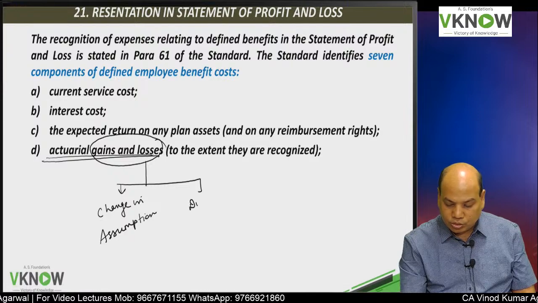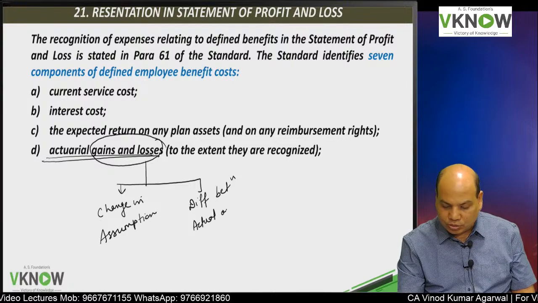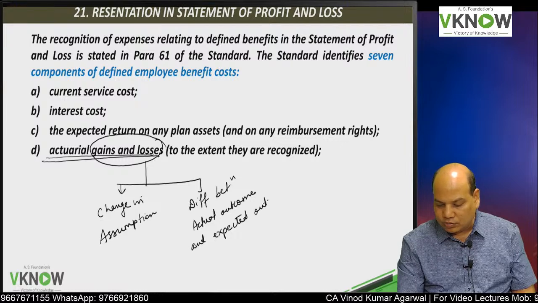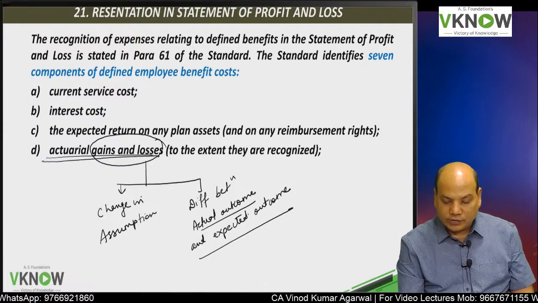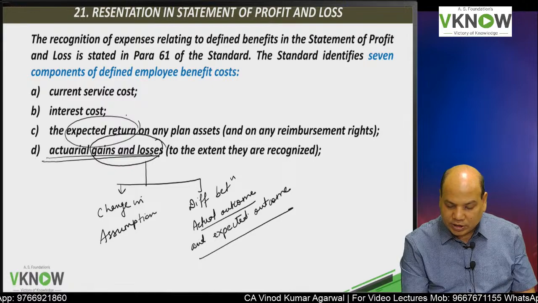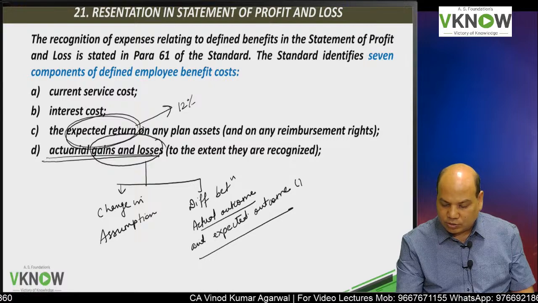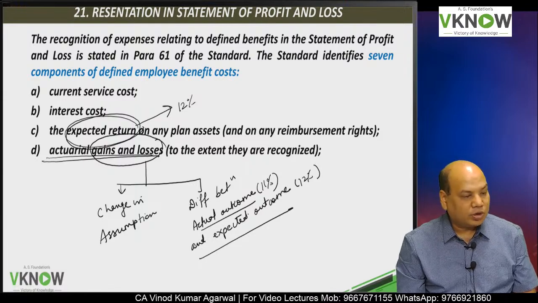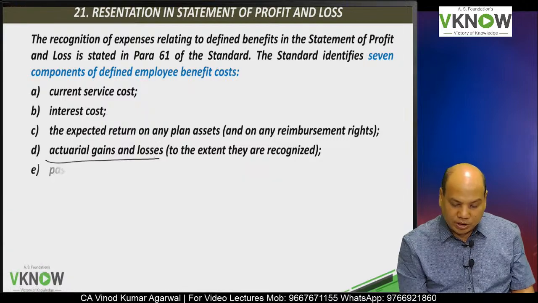The other is due to difference between actual outcome, because the actuary has made the assumption, and expected outcome. What the actuary was assuming and what actually happened can be different. For example, the actuary will assume expected return on plan asset as 12%, but actual may be 11% only. So that will result in actuarial loss, where we will transfer actuarial gain and loss to P&L account.